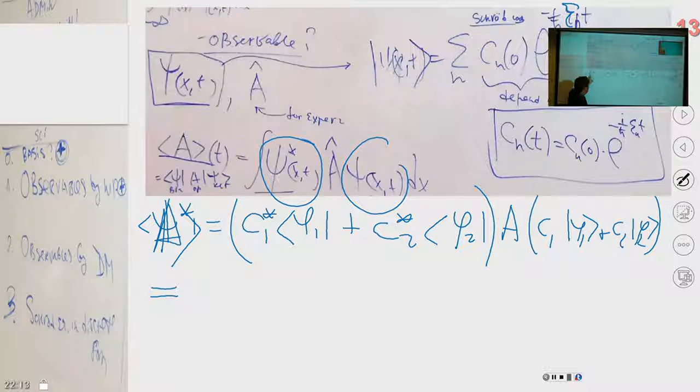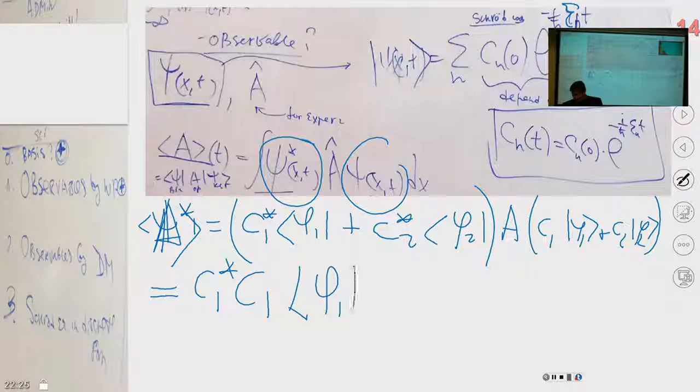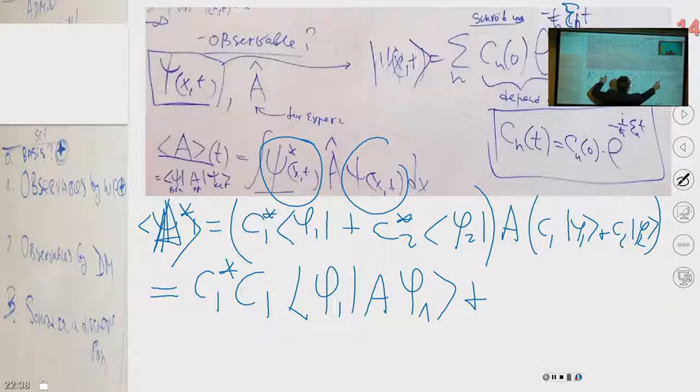Because it is the main protocol for our main goal to find observables, and if you open these brackets, you will get C1 star C1, phi 1 A phi 1, plus the three other terms, right? First, middle, last. First, middle, last. Right? So if you run over different indices.